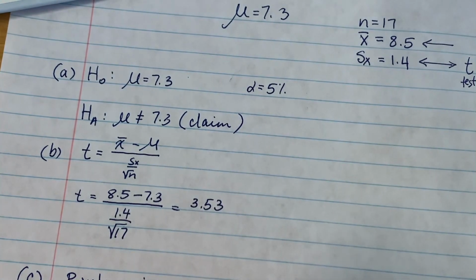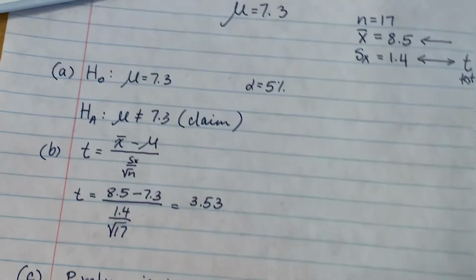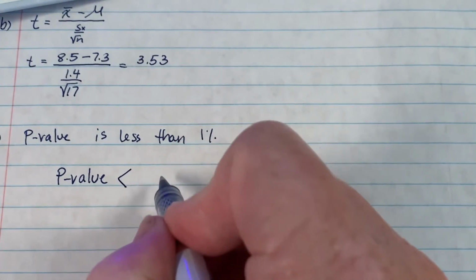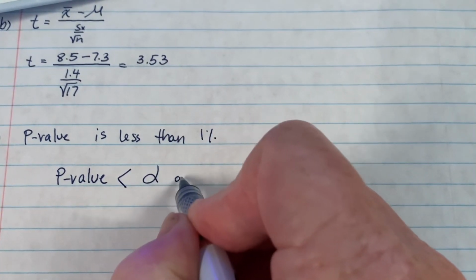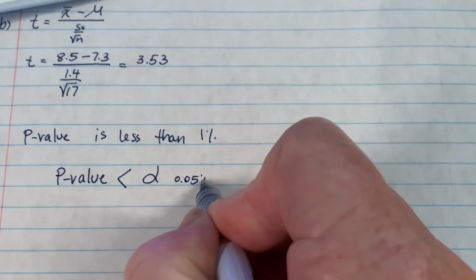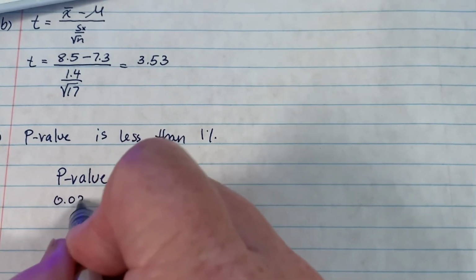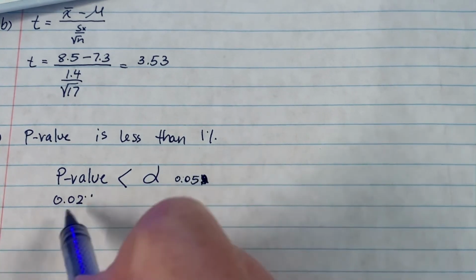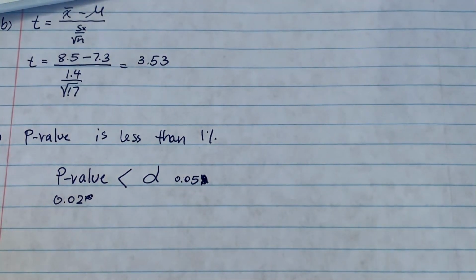My p-value is less than my alpha, which is 5%. My p-value is about 0.02, even actually less than that. No percents here, sorry, I wrote this as decimals. So my p-value is less than my alpha.